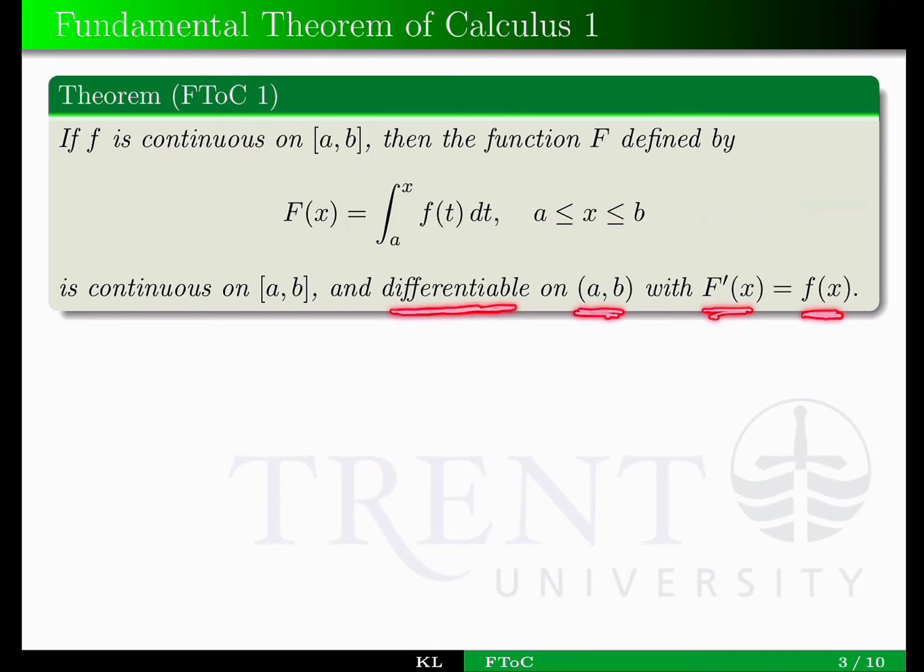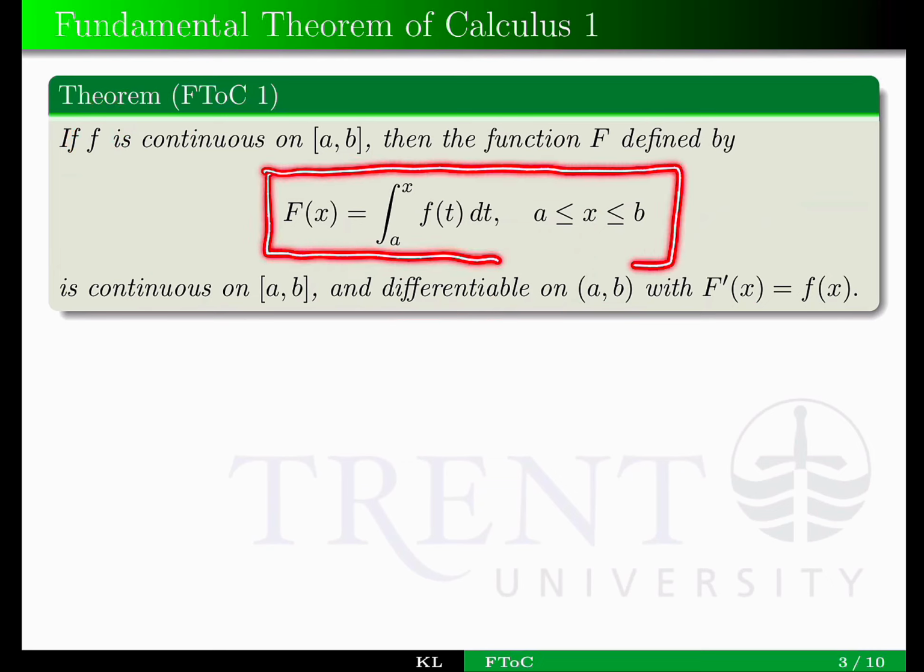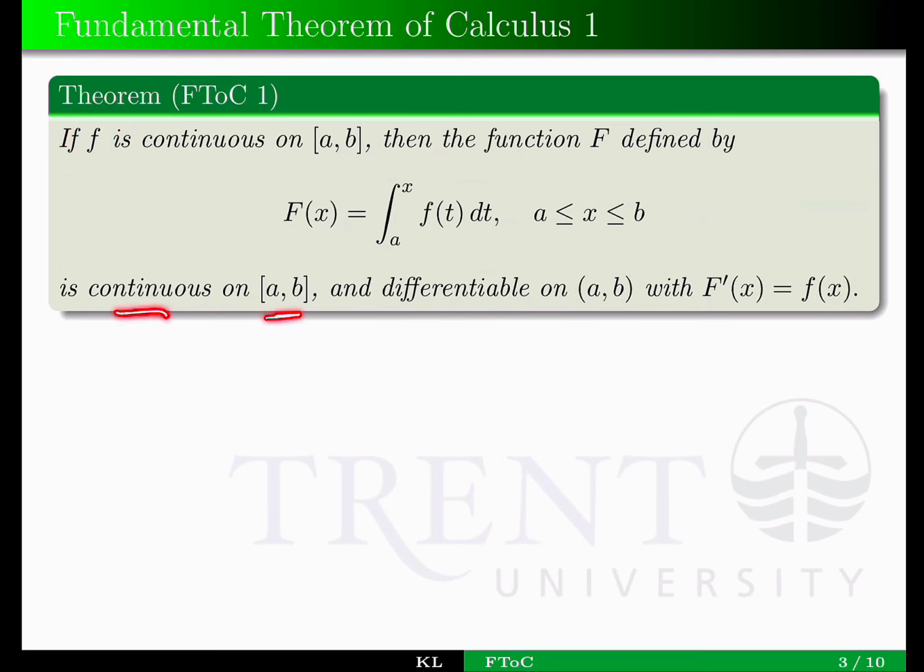So again, here we have a small function f which is continuous on the closed interval AB. We define the capital F this way. Then this function is continuous on AB and differentiable on the open interval AB, and its derivative is equal to small f of x.